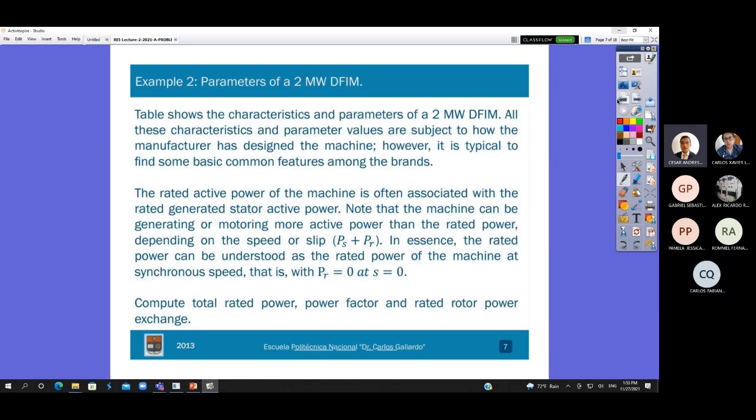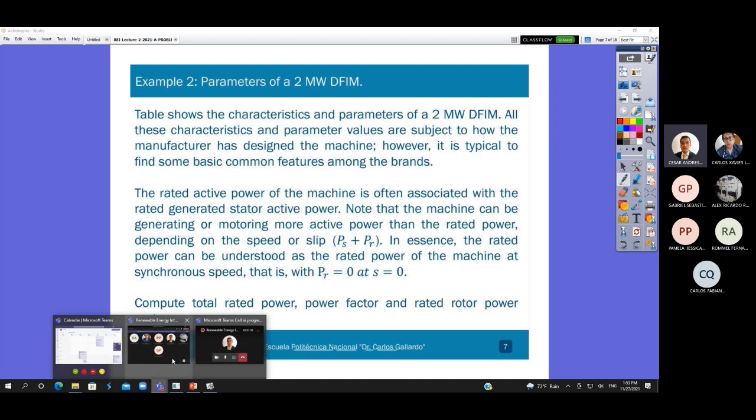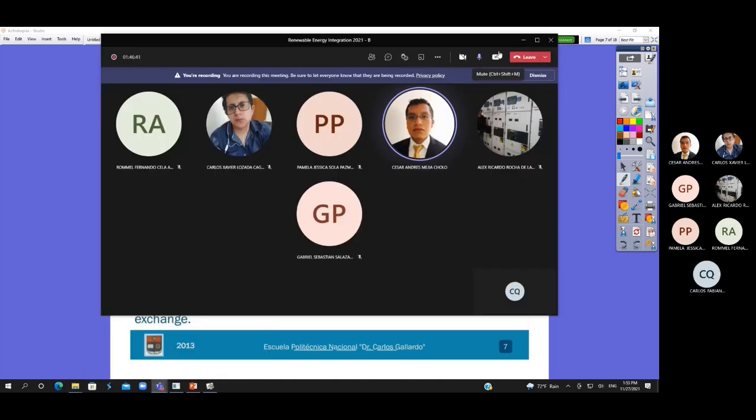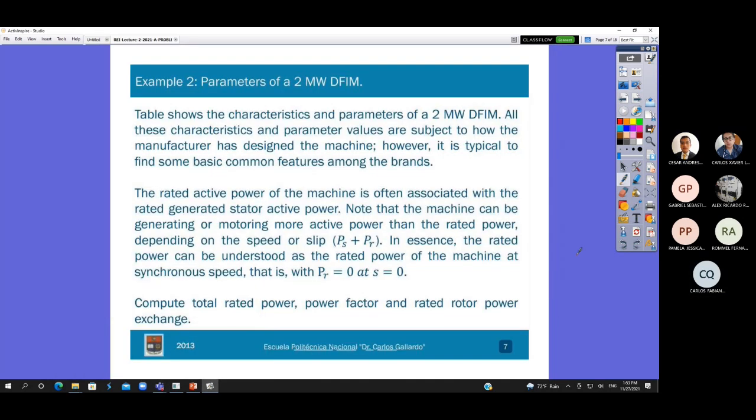Example number 2, parameters of a 2 megawatt DFIM, double-fed induction machine. The table shows the characteristics and parameters of a 2 megawatt double-fed induction machine. All these characteristics and parameter values are subject to how the manufacturer has designed the machine.